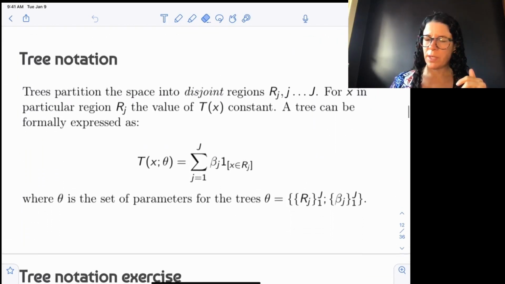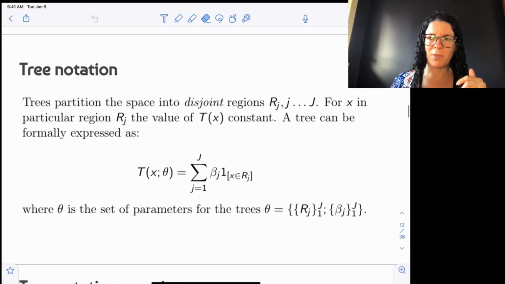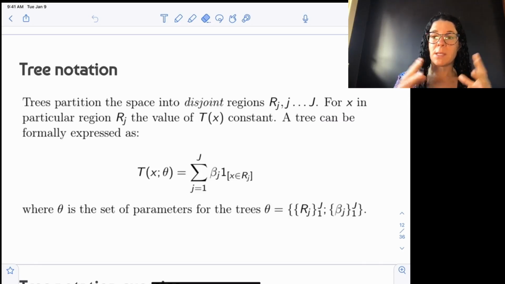I'm also having a little notation, and I know that people have a little bit of a problem with this notation here, so I'm going to try to explain it, and please ask me questions later offline. So what is a tree exactly? A way to think about trees is that trees divide the space that you have.